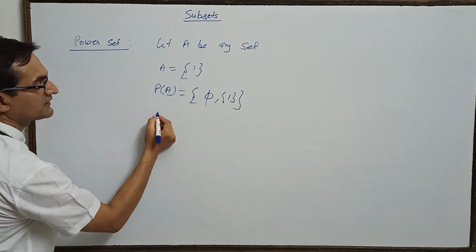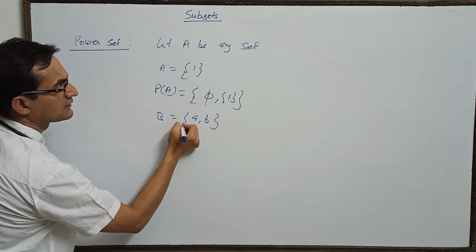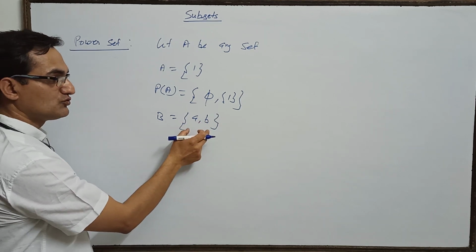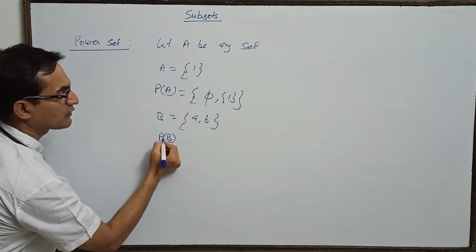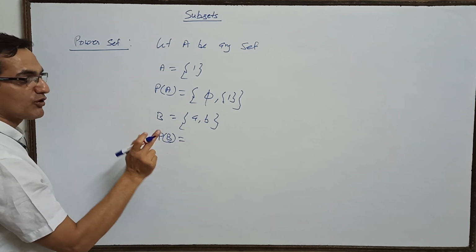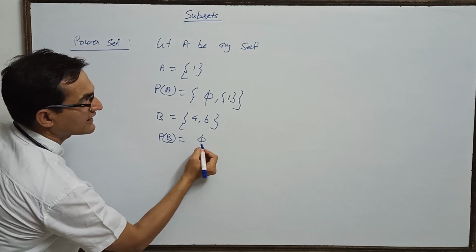Suppose B is any set, let {a, b}. B has 2 elements a and b. Then the power set of B is the collection of all the subsets of B. What comes? This is the null set.